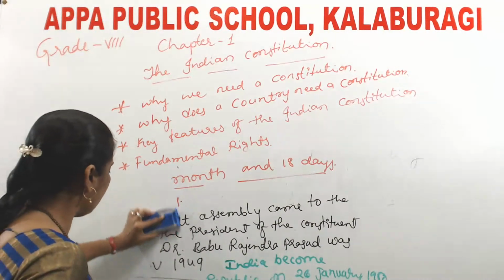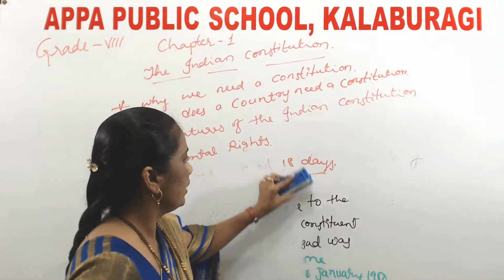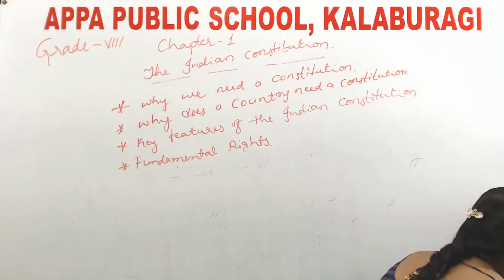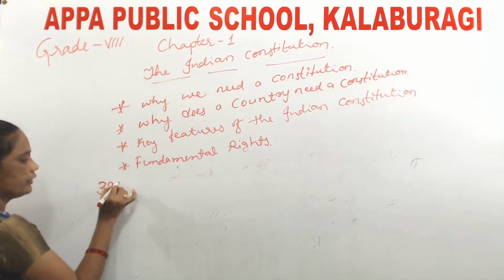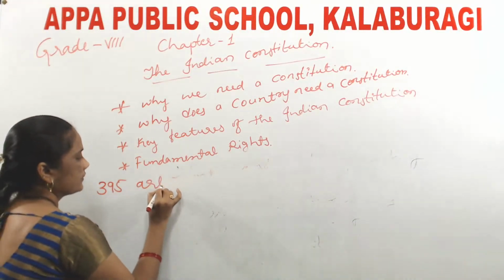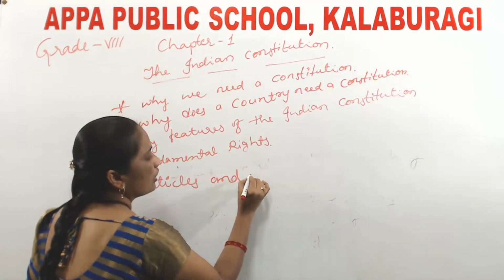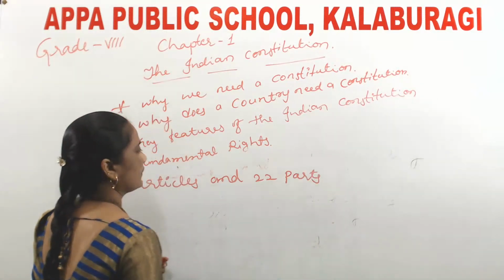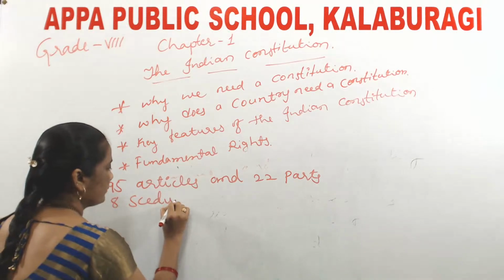When we got Republic Day, at that time the Indian Constitution had 395 articles, 22 parts and 8 schedules.